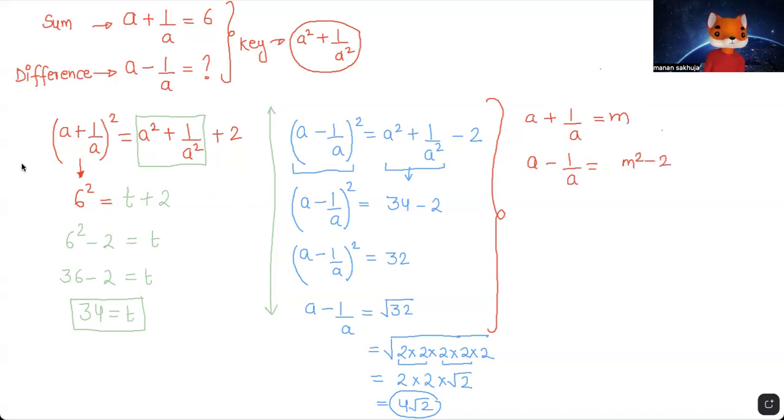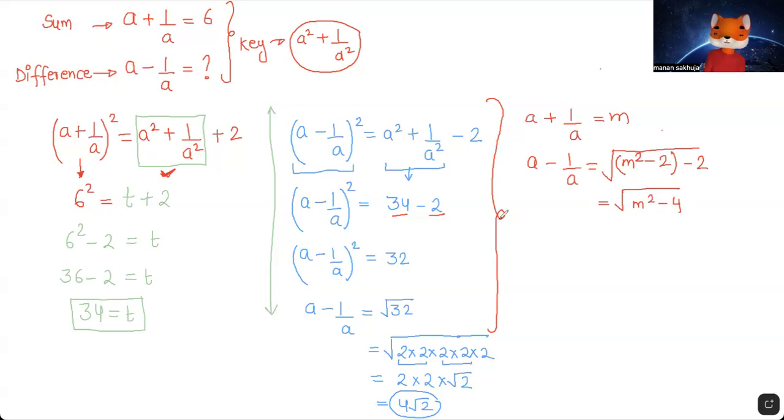If you can understand, that is nothing but the value of this box. So you can say 6 square minus 2. Then whatever we get, like we got 34, we subtracted again 2 from that quantity. And then we took a root. So if we simplify, a minus 1 by a will always be root of m square minus 4.